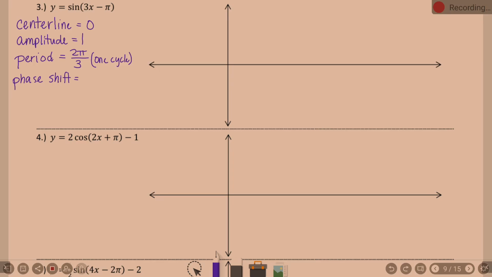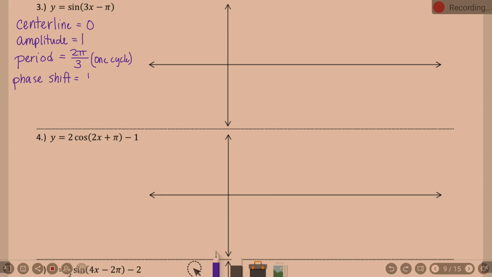Phase shift. Phase shift officially is C over B. We actually have a C value, don't we? C is your piece that is added or subtracted in the parentheses, right? Now, what's C over B going to be here? It's going to be positive pi over 3.